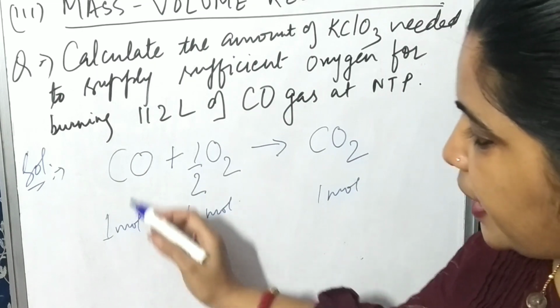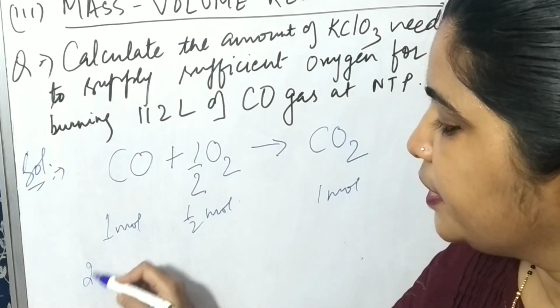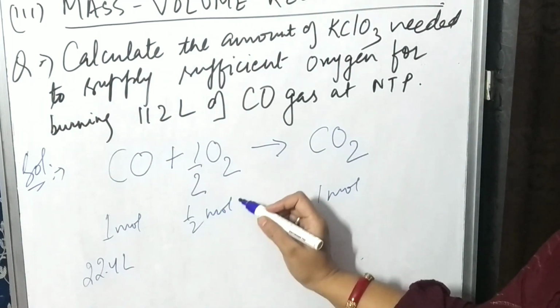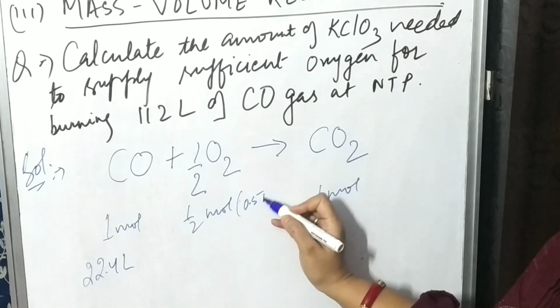We know that 1 mole of CO contains 22.4 liters. Understood? So its mole will become half, which you can also write as 0.5 moles.